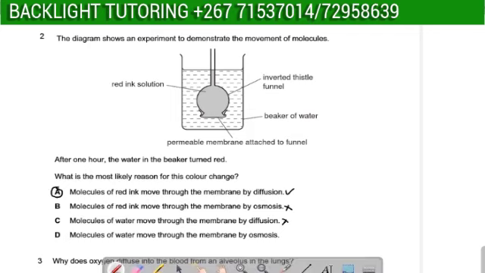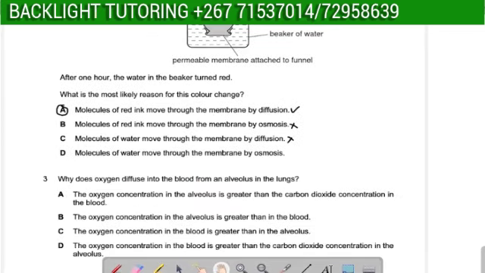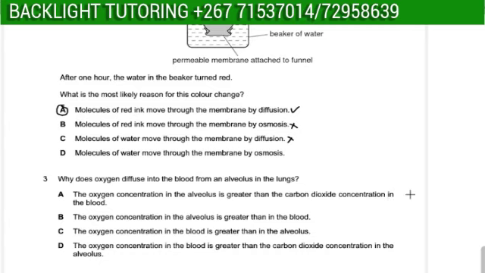So question 3 says oxygen diffuses into the blood from the alveoli in the lungs, right? So the oxygen concentration in the alveoli is greater than the carbon dioxide concentration in the blood, right?